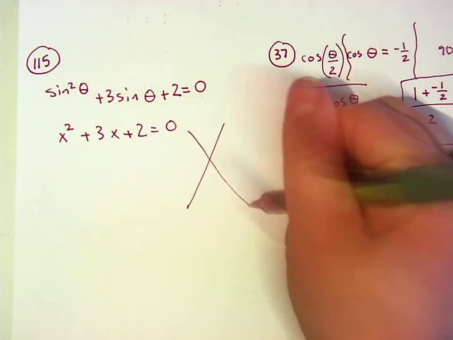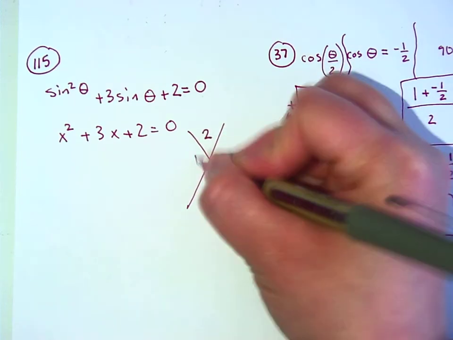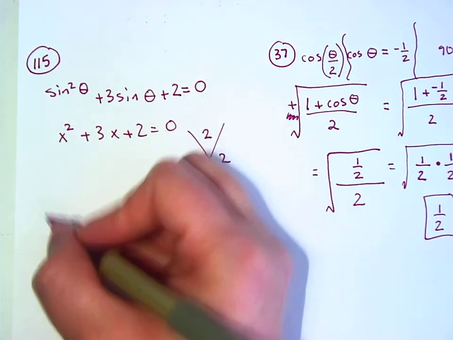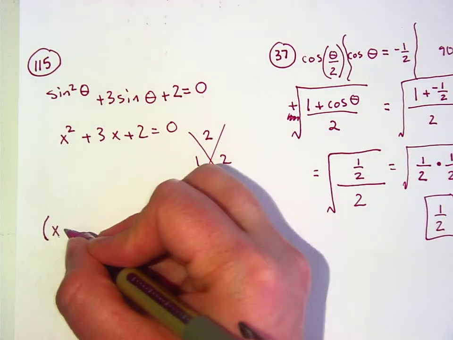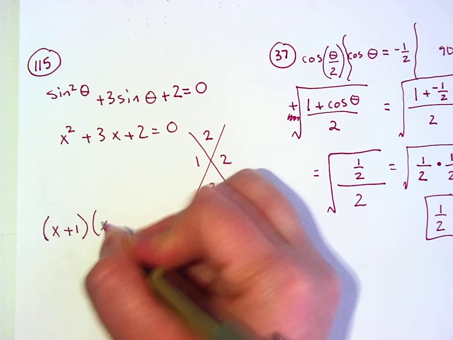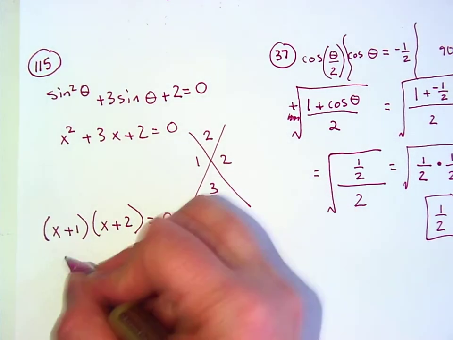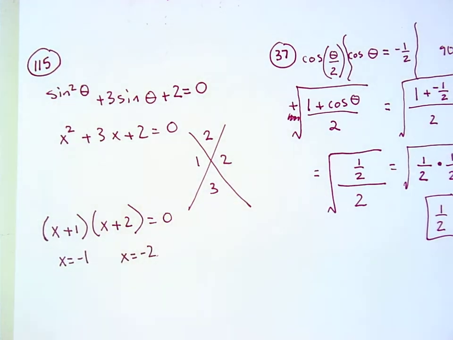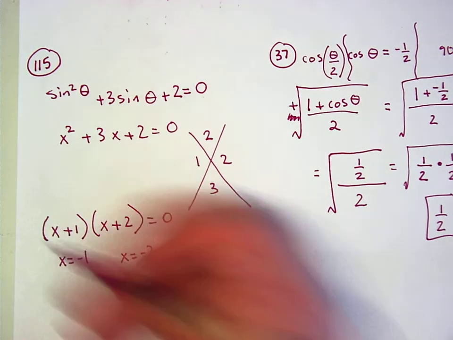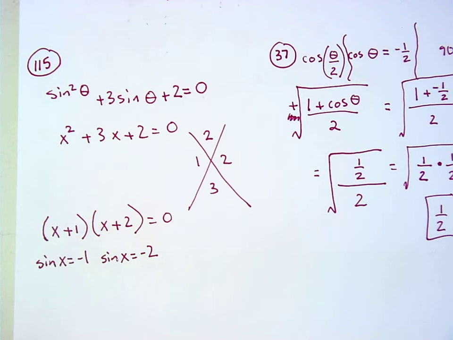All right, I can already tell this is going to be something I can factor, so I'm going to multiply to get 2, add to get 3, that's just 1 and 2. x plus 1, x plus 2. So here I get x equals -1 and x equals -2. But remember, it's not x equals -1 and x equals -2. What is it really? Sine of x equals -1 and sine of x equals -2.